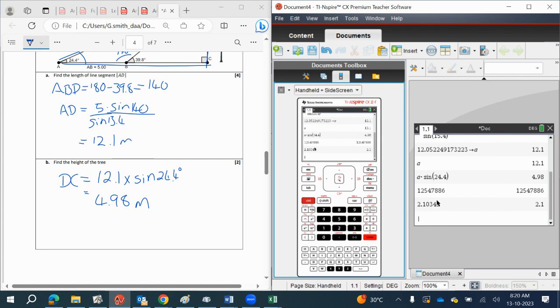That's because this number, correct to 3 significant figures, is 2.10. You should write 2.10. 2.10 is far more accurate than 2.1. Numerically, they are the same number, they have the same value, but they don't have the same level of accuracy.